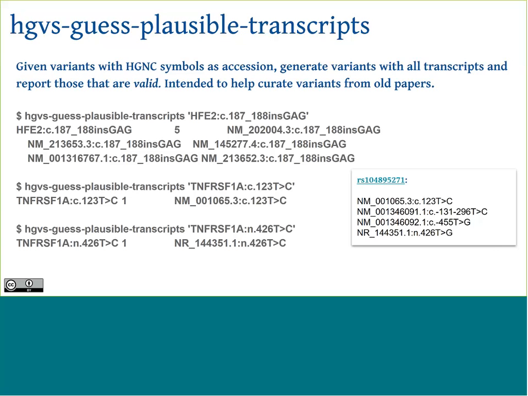So in the next 2 cases, you can see that we specify a TNF receptor 1A variant. I've just pulled this from dbSNP, so you can see what dbSNP thinks on the right. 123 T to C. There's only 1 transcript for which that looks like a valid HGVS expression, and so only 1 is returned, despite there being several transcripts available.